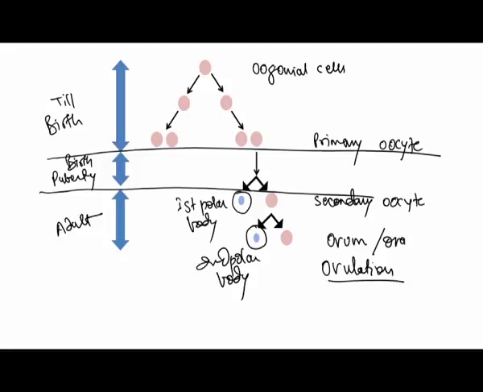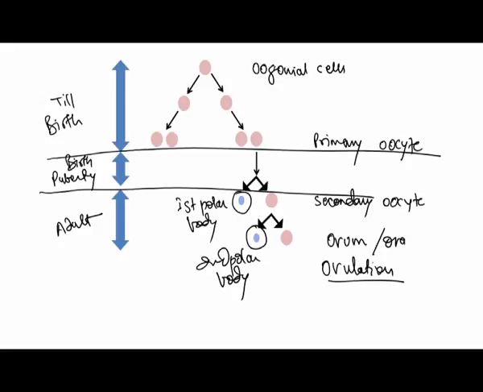We will try to understand follicular biology after some time. This is a diagrammatic representation of the formation of ova from an oogonial cell, and the polar bodies are nothing but the cells coming out after the meiotic division.